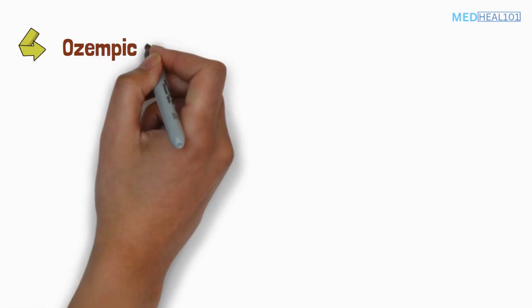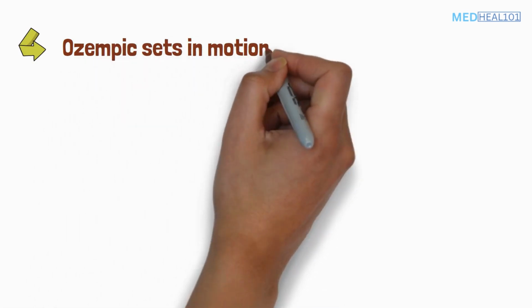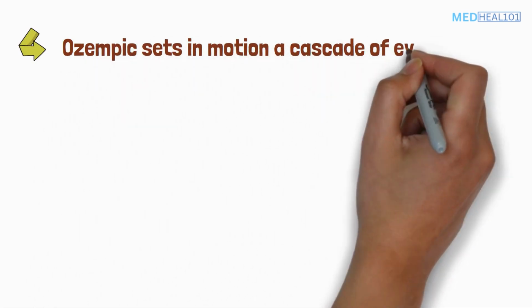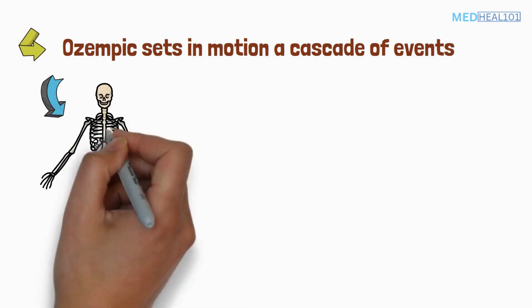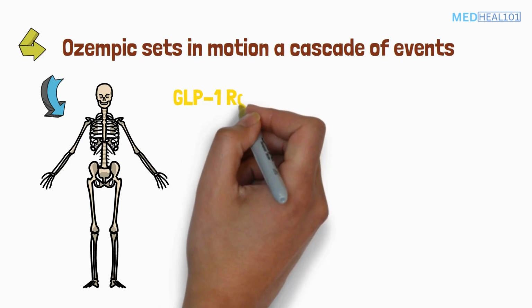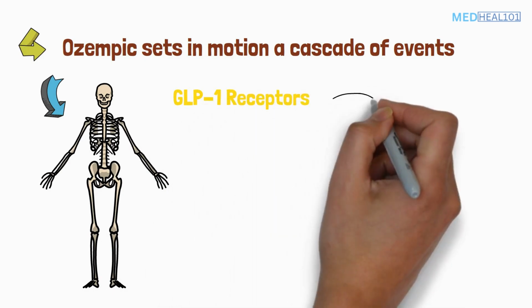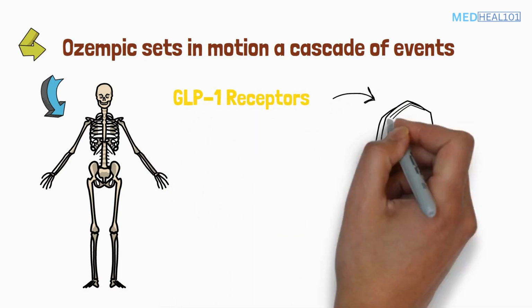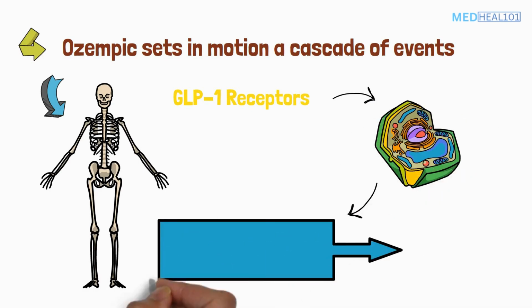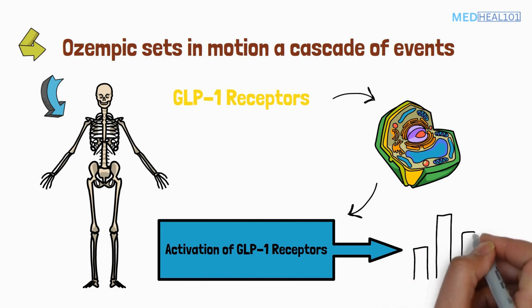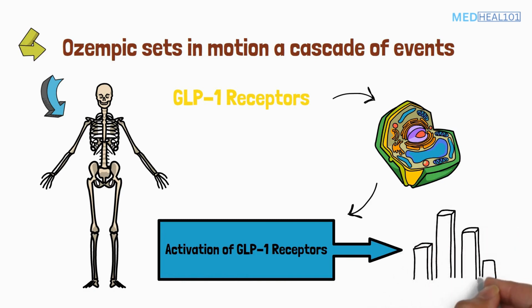Upon administration, Ozempic sets in motion a cascade of events within the body, orchestrated primarily through its interactions with specialized receptors known as GLP-1 receptors. These receptors are predominantly found in pancreatic cells, particularly in areas responsible for insulin production and secretion.